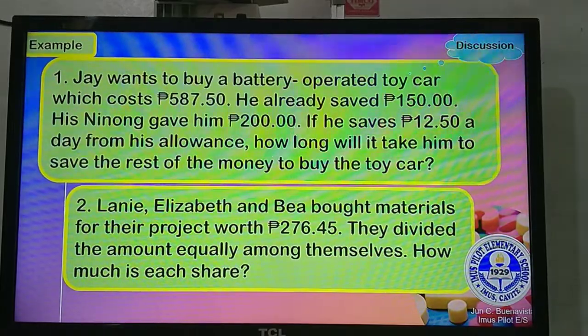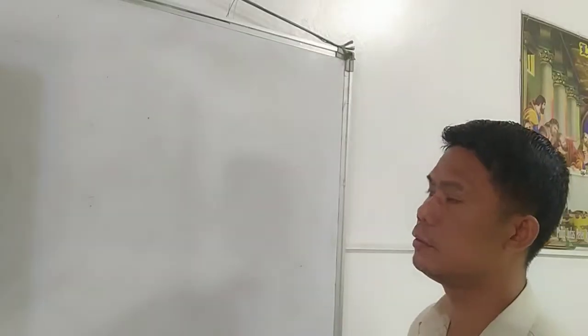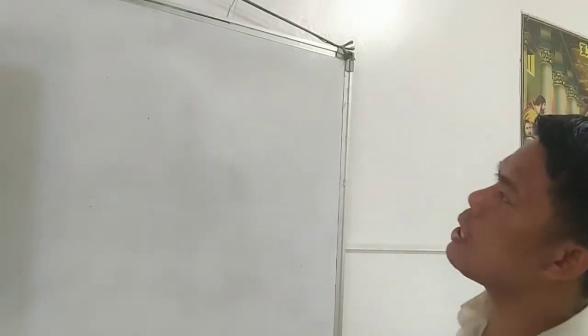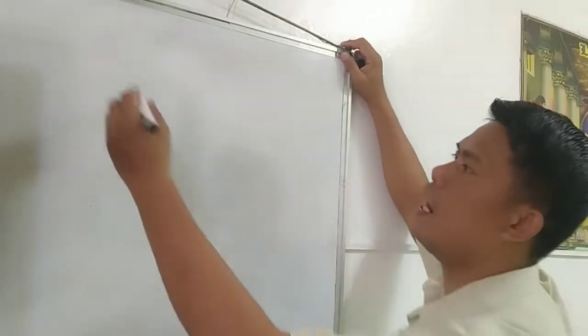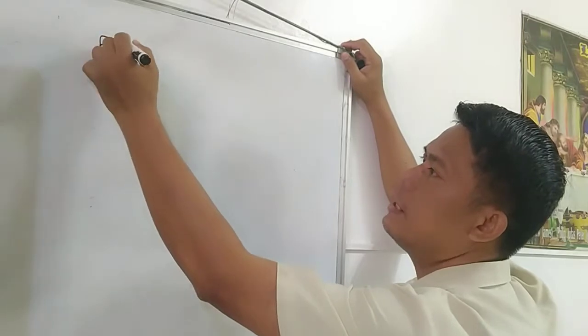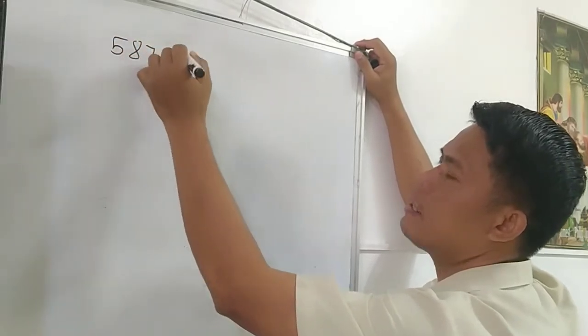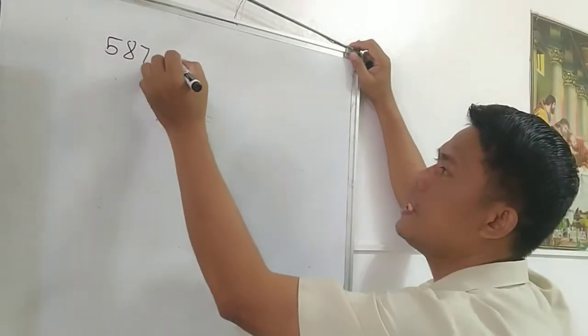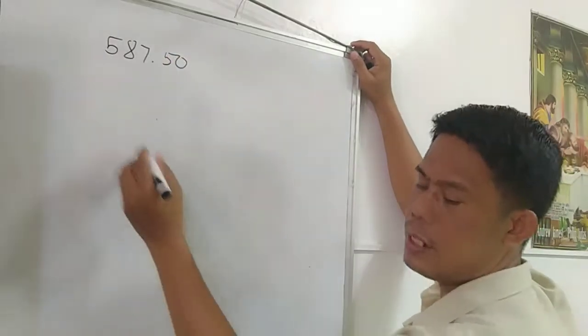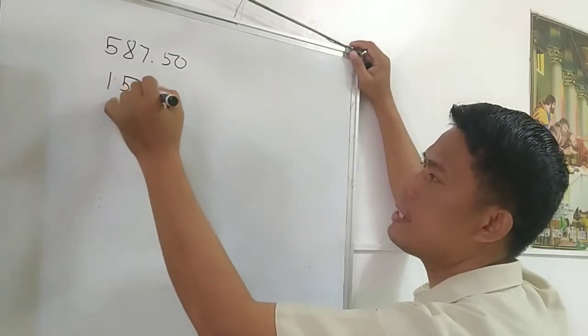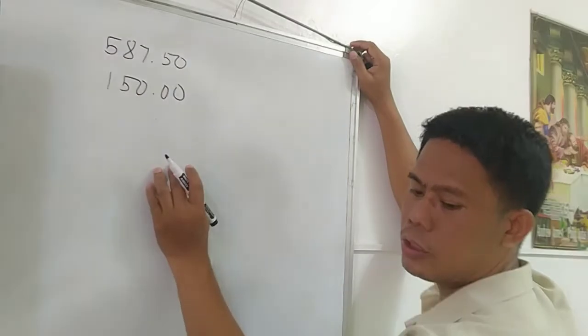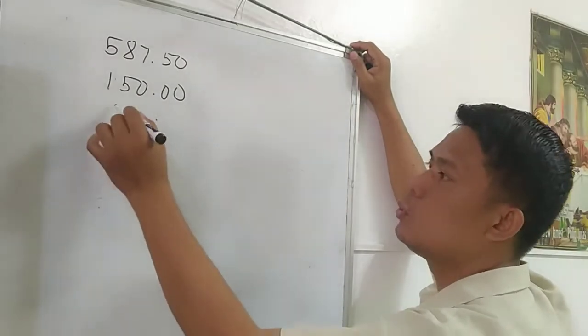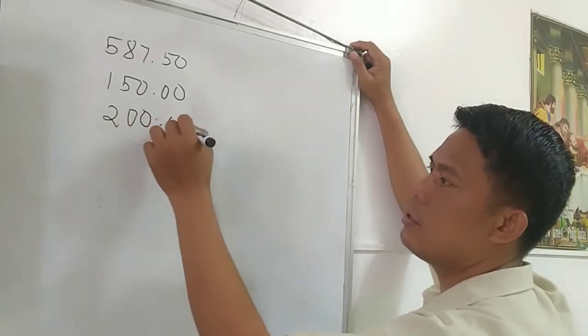Now, we are going to solve problem number 1. So the given for number 1, we have 587 pesos and 50 centavos. The second one is 150 pesos. And then the third one, we have 200 pesos.